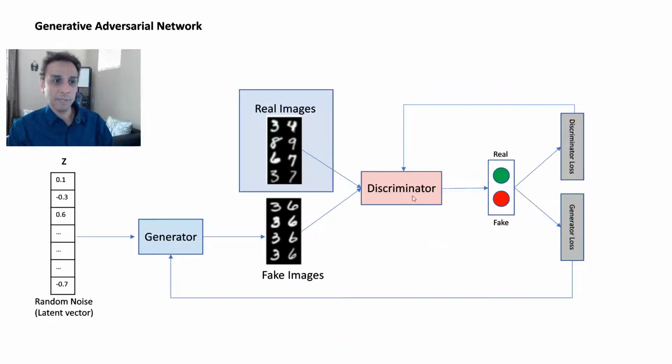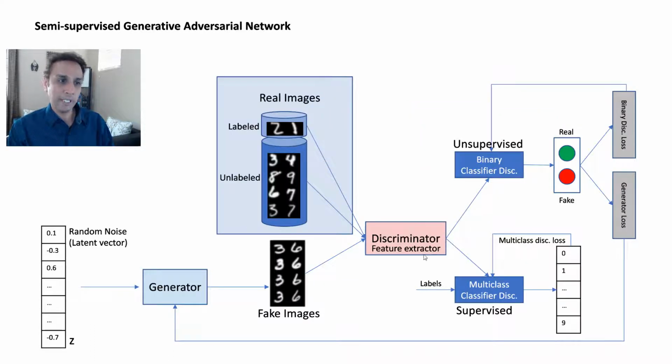Here, this discriminator is a binary classifier to classify it as real or fake. Here, I'm using the discriminator only as a feature extractor, the first part of the discriminator, and then I extend the functionality of this discriminator by adding a classifier to make it binary or make it multiclass. So I have 2 different models here, one unsupervised, one supervised. I hope this makes sense.